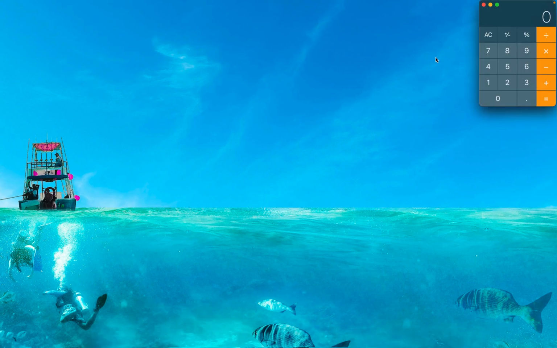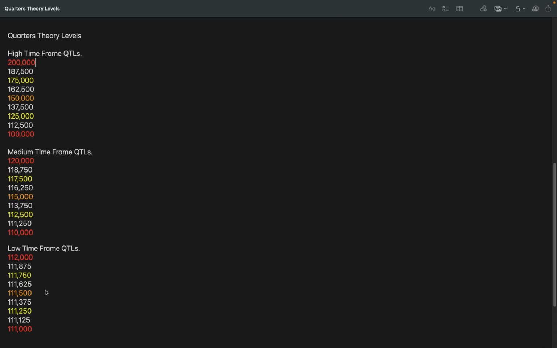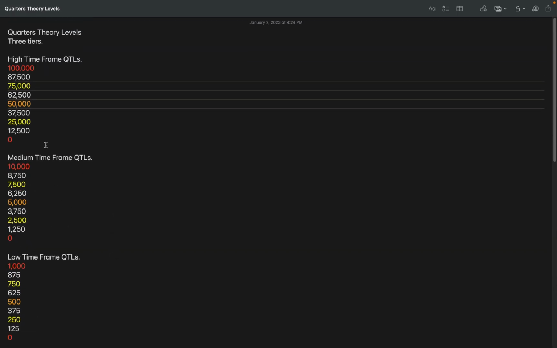Once again, go to calculator, divide to 50,000. Okay, so how we got that was, it was this plus 50,000, right? Because the smallest unit that we're using is basically right here, 12,500.